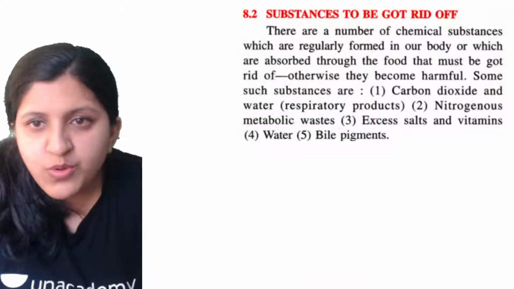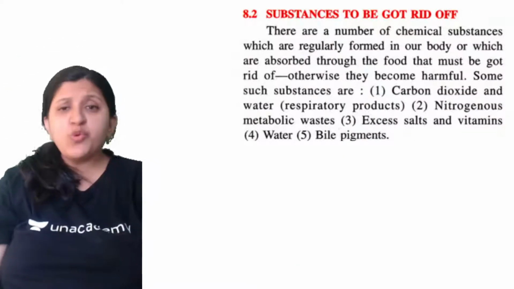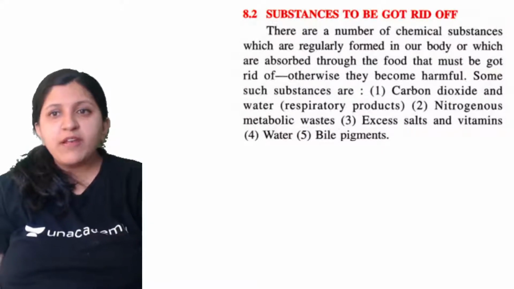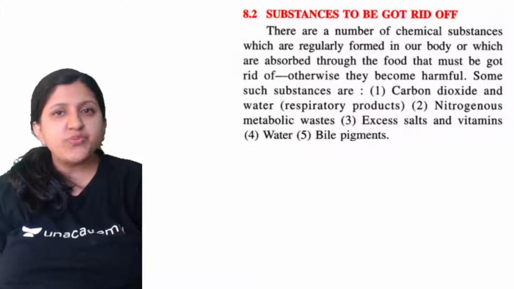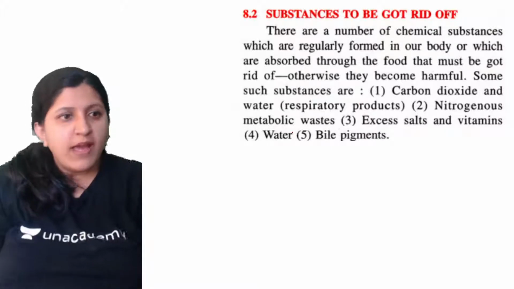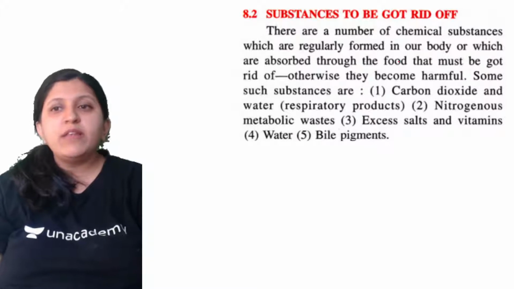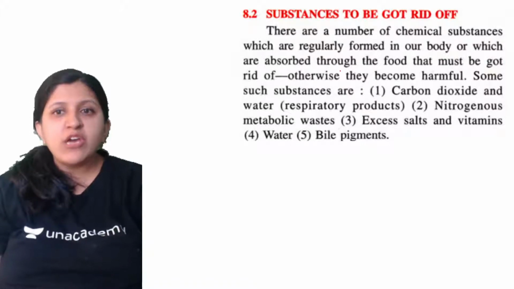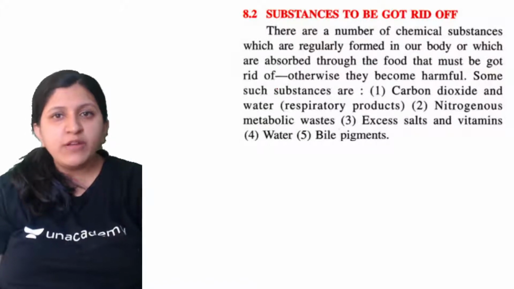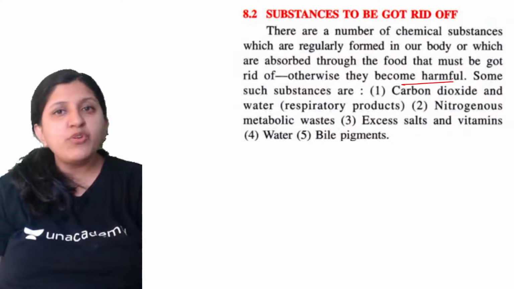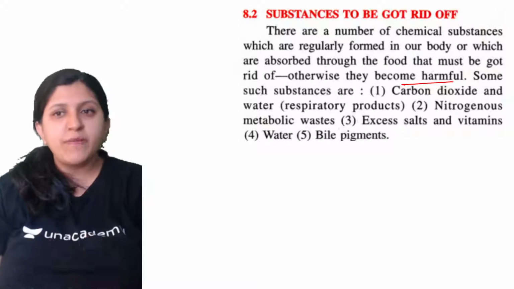Okay, so next, what are the substances that we need to get rid of? There are a number of chemical substances which we need to get rid of, which are regularly formed in our body or absorbed through the food. They become harmful if we do not remove them from our body.